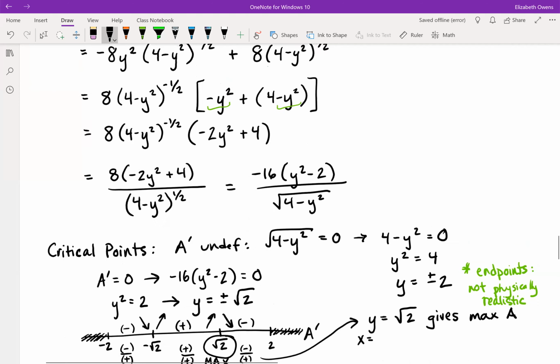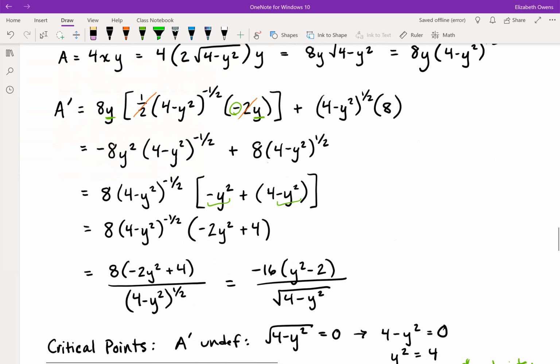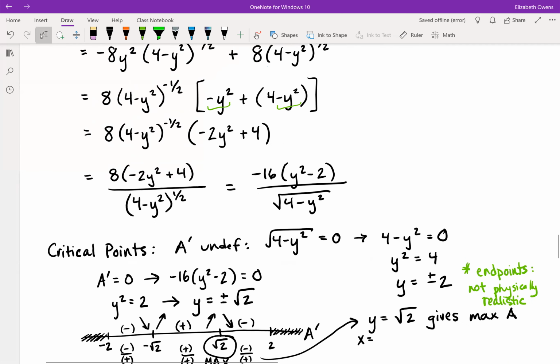From our equation right up here, x is 2 square root of 4 minus y squared. So x equals 2 square root of 4 minus the square root of 2 squared. I am running out of room on this. Maybe you are too. But we'd have 2, and then underneath that square root would be 4 minus 2.